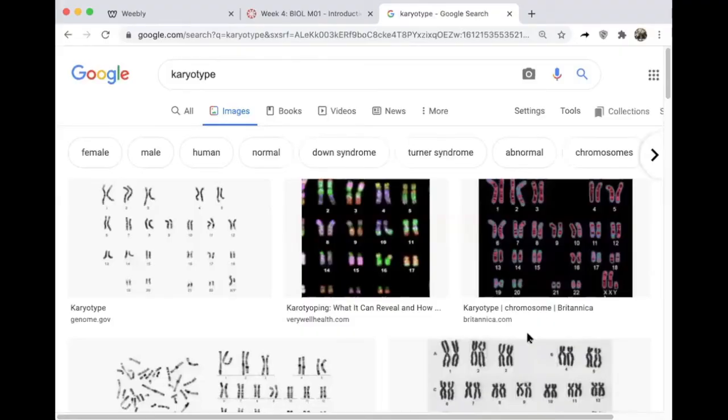And chromosomes are only visible during mitosis or meiosis. What is a chromosome? Well, your DNA is actually an extremely long molecule. And DNA exists tightly coiled around these proteins called histone proteins, which is why DNA is compact enough to fit in each cell.